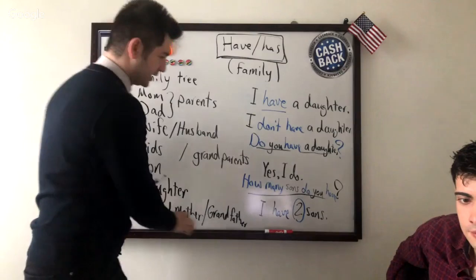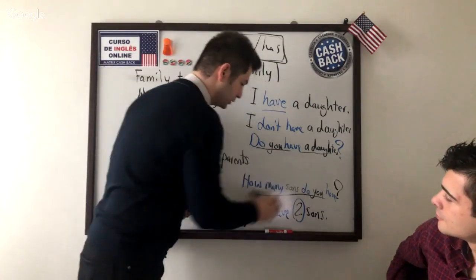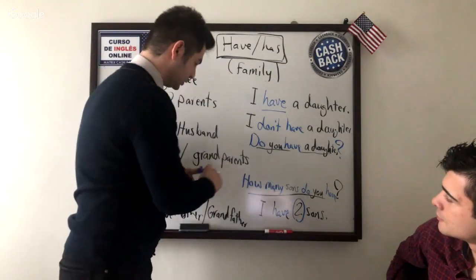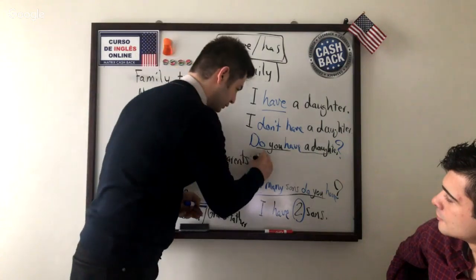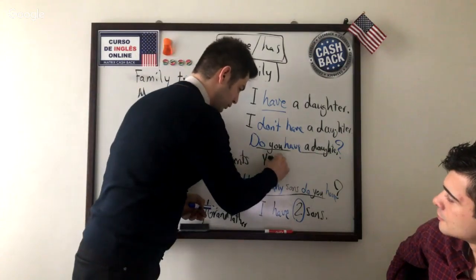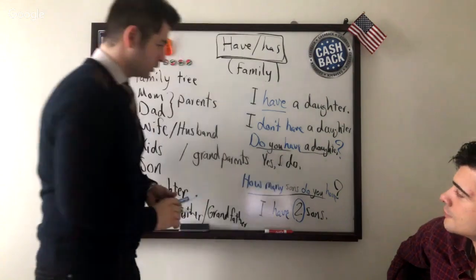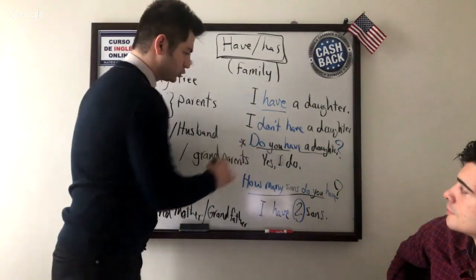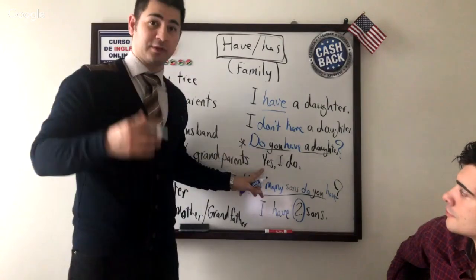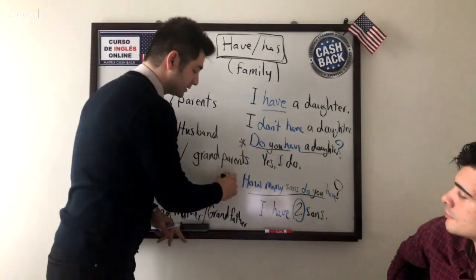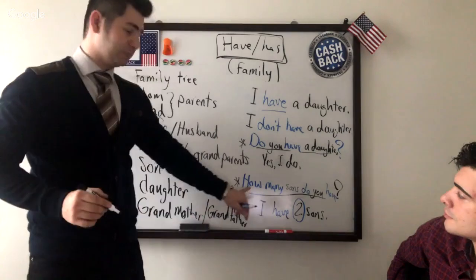Which is a different type of question from the previous one. We call the earlier one a yes/no question because the answer begins with yes or no, and this a WH question because it begins with a WH word.